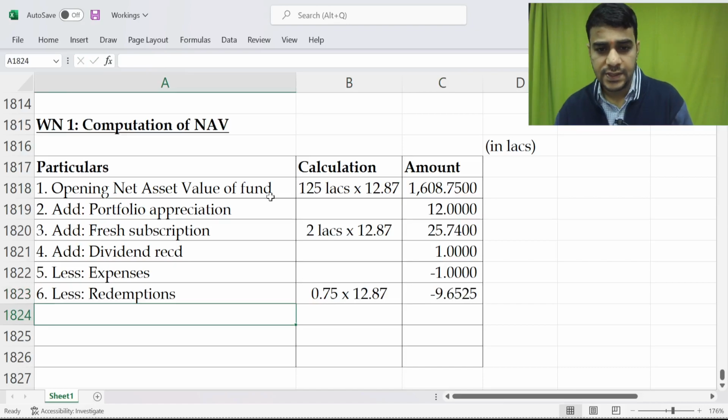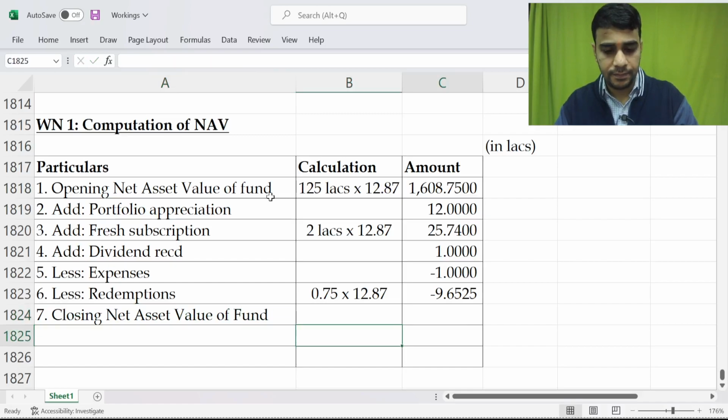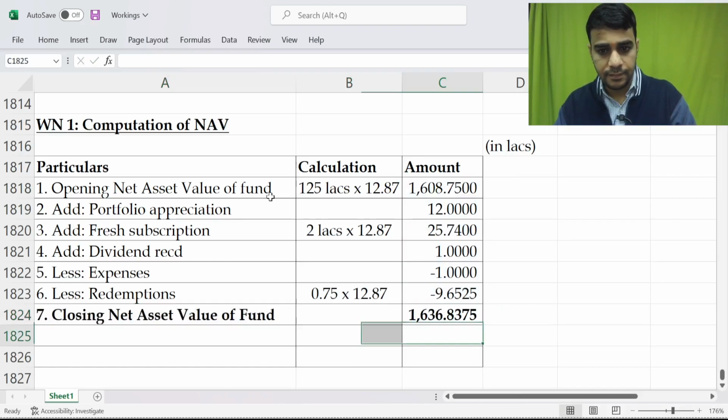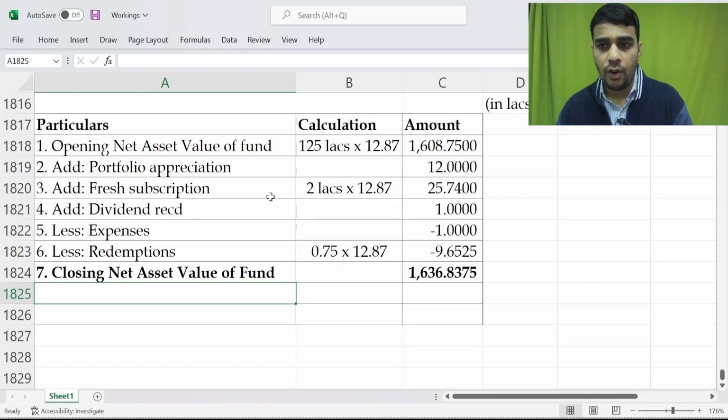Redemptions 0.75 into 12.87. Closing net asset value of fund.